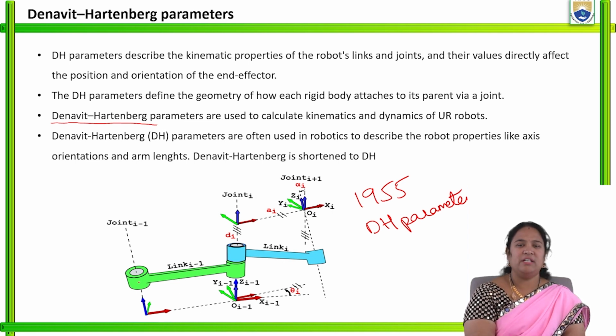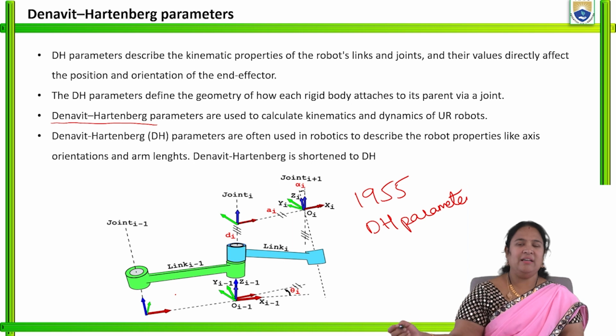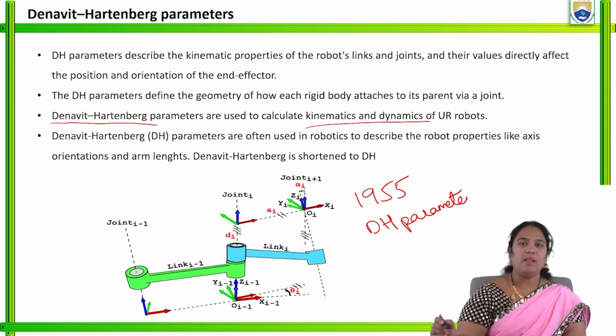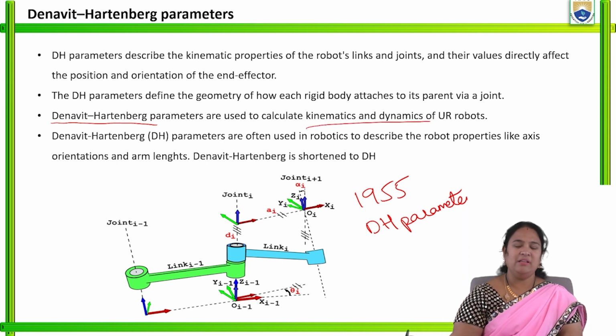How the bodies are attached to each other with the help of the joint will be defined using this DH parameter, and it is also used to calculate the kinematics and dynamics of the robot, that is, the dynamic movement of the robot, with the help of which we can find out the orientation and position of the robot's manipulator.